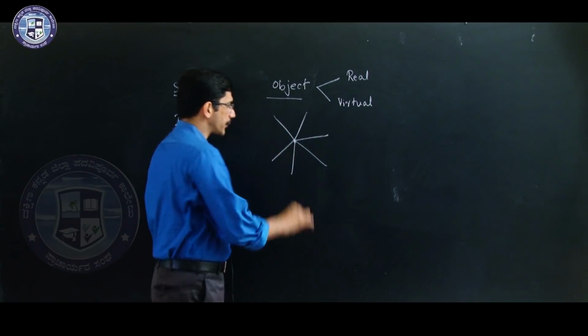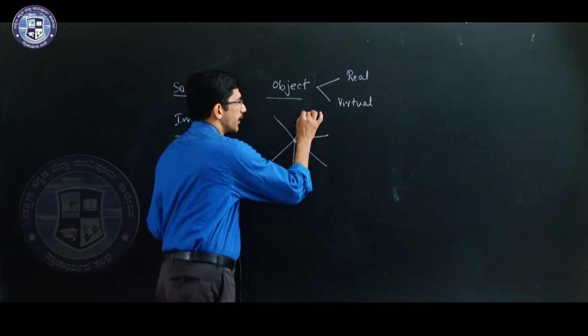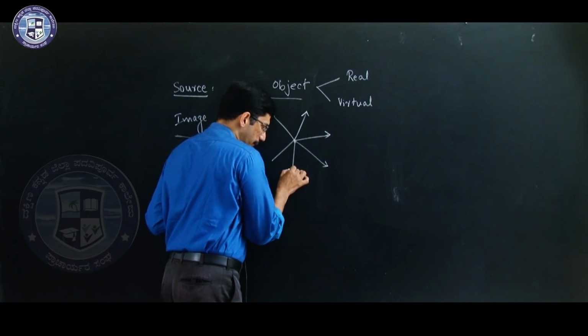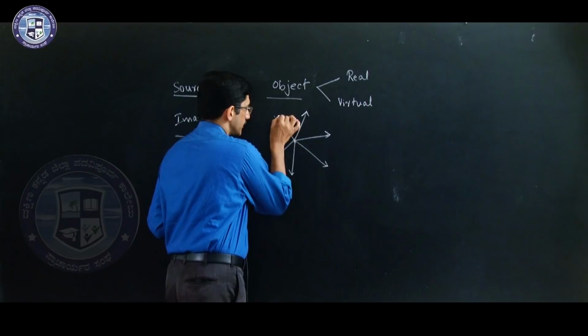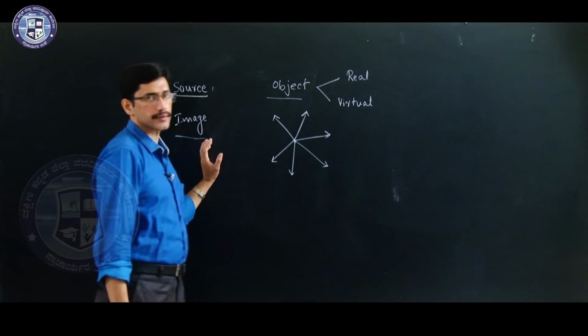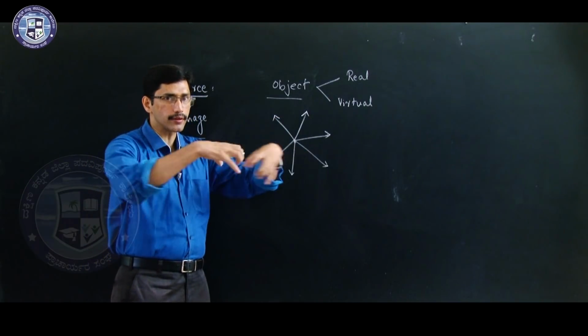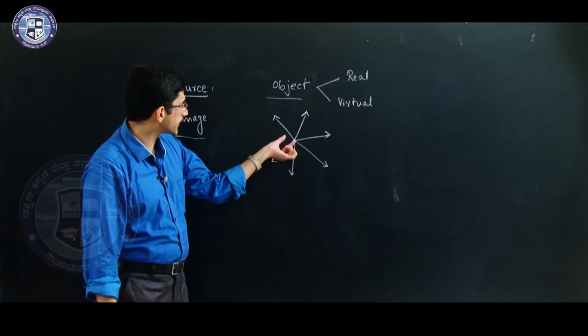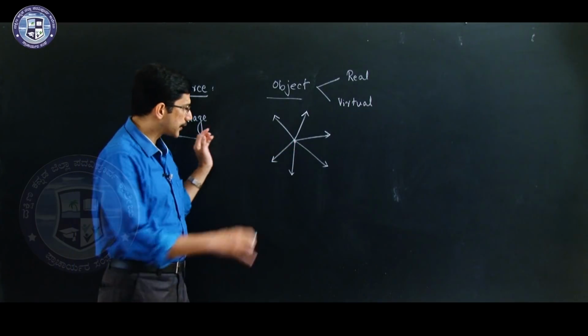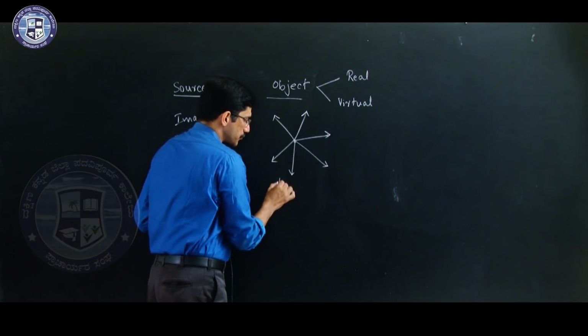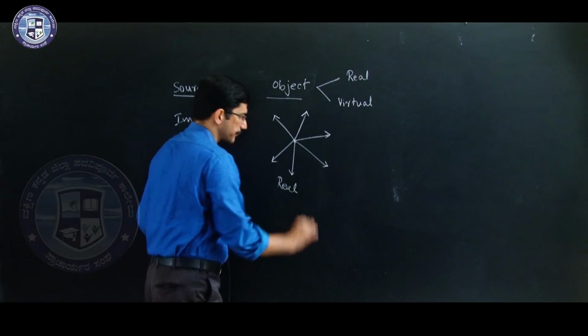Whenever you deal with ray optics, the ray is very important, so you have to draw the arrow mark. Here the light is spreading out of the given source, and if the light is coming out, then such an object is said to be the real object.